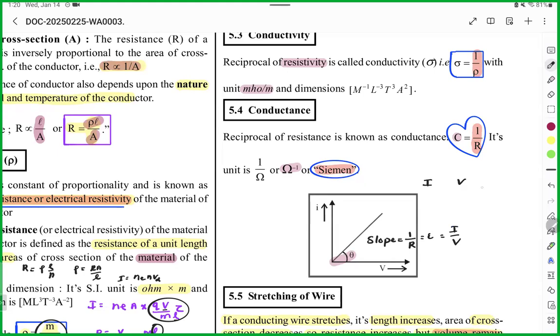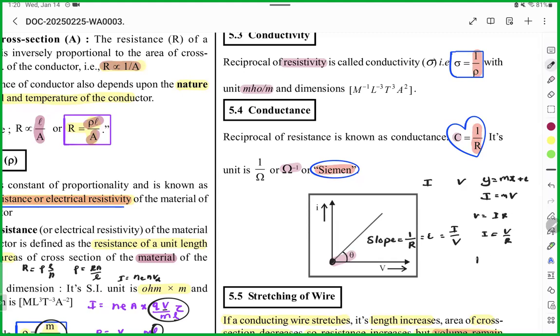How do I know? Because first we write the equation y = mx + c. In the y-axis you have current. In the x-axis you have V. Because it starts from 0, the c value will be 0. Then it will be m. You know V is equal to IR. Can we say I will be equal to V by R?